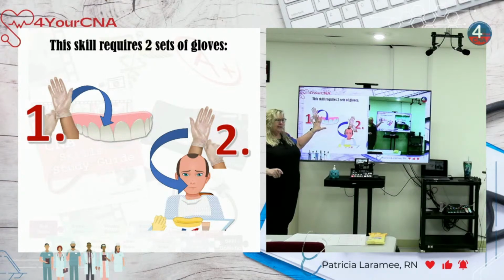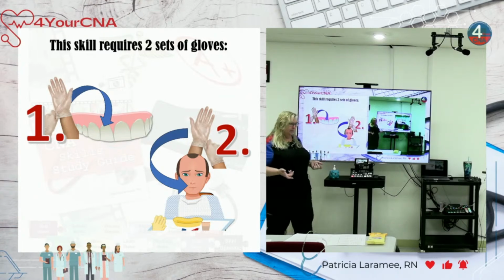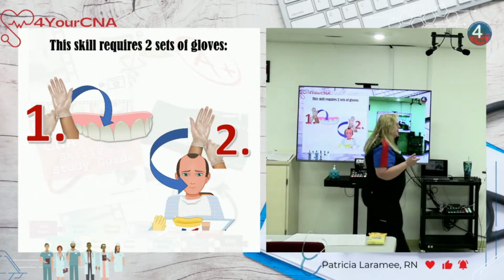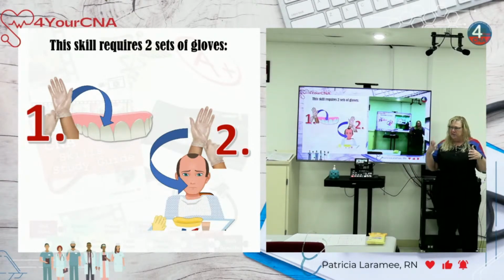Now, once we clean the dentures, are our gloves clean or dirty? Dirty. Do you think that patient wants those dirty gloves in their mouth? No, so we want to make sure that we're changing those gloves so when we clean the patient's mouth, we have clean gloves to do so. Make sense? So this skill will have a glove change, and that kind of trips students up quite a bit.